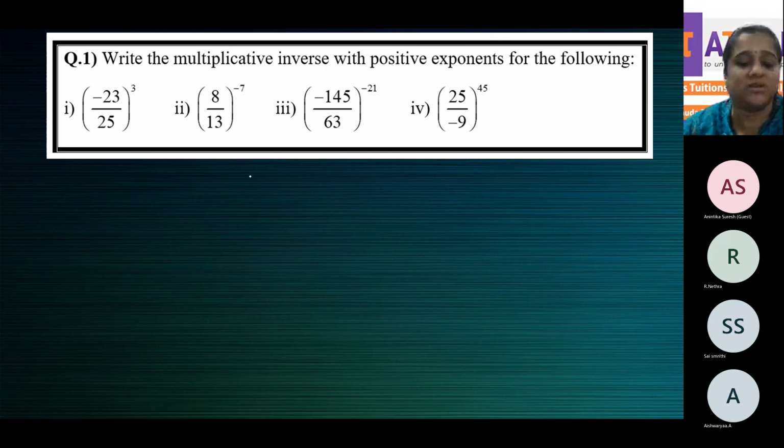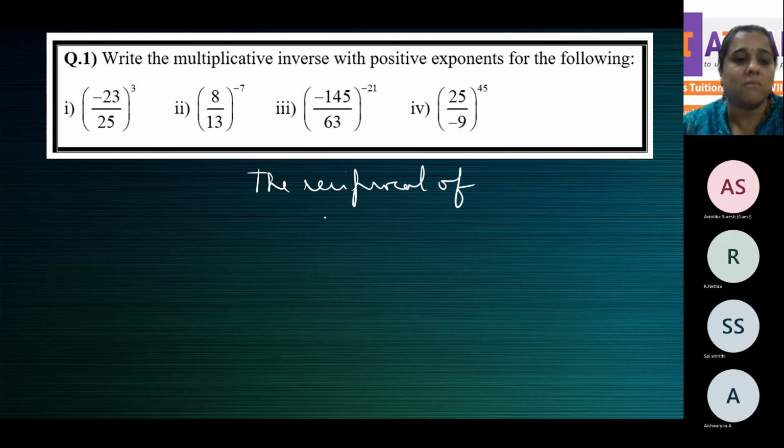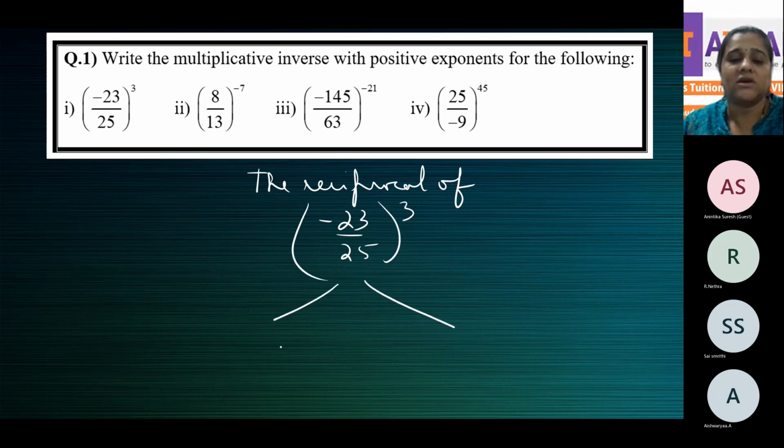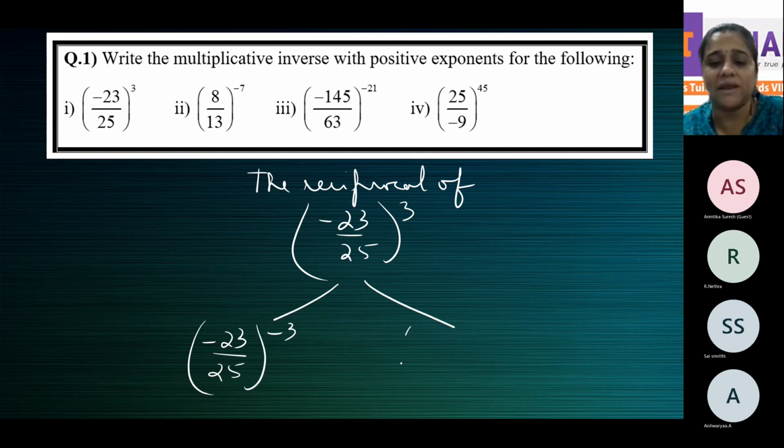Okay, let me put it like this, children. The reciprocal of minus 23 by 25, the whole power 3, look at this. The reciprocal can be minus 23 by 25, the whole power minus 3, or it can be minus 25 by 23, the whole power 3.